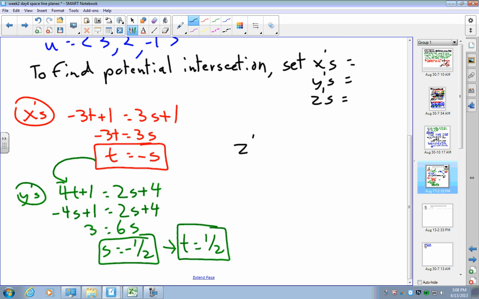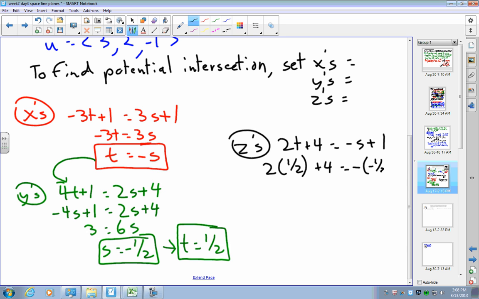So if I come over here and I look at the z's, it has 2t plus 4 equals negative s plus 1. Well, let's plug in the things that we know. That's 2 times 1/2 plus 4 equals negative a half plus 1. And I get 5 does not equal 1.5.